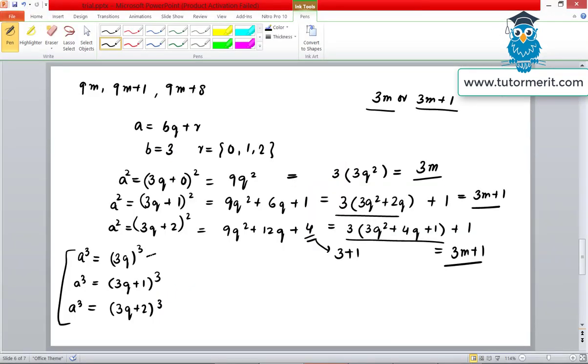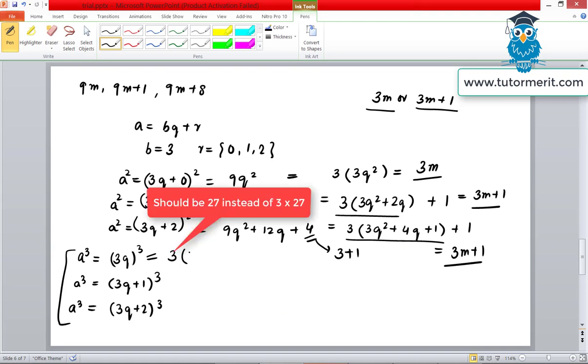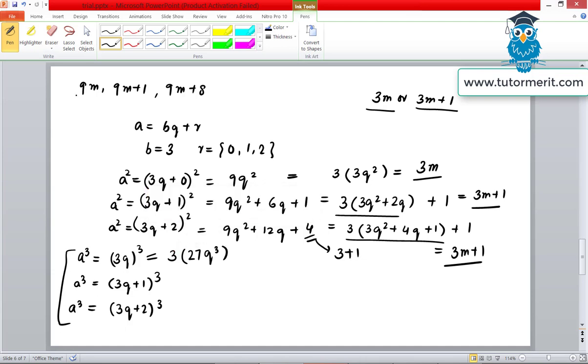So approaching this problem here, I can simply say that this is 3 into 27q cube. I will try to break it into one of these forms, right? Looking at this, if you remember the formula, x plus y whole cube is equal to x cube plus y cube plus 3x square y plus 3xy square.